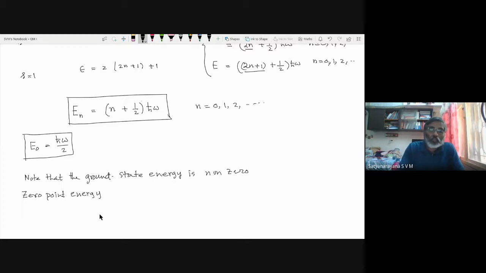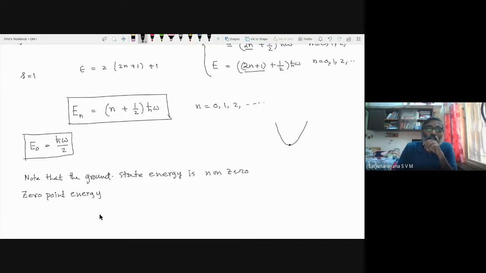Now, to understand what this is, in general, if you have a harmonic potential like this, classically, this is the lowest energy state. If you leave a marble, it will oscillate, and then finally it will come to rest here. So this is the equilibrium position.